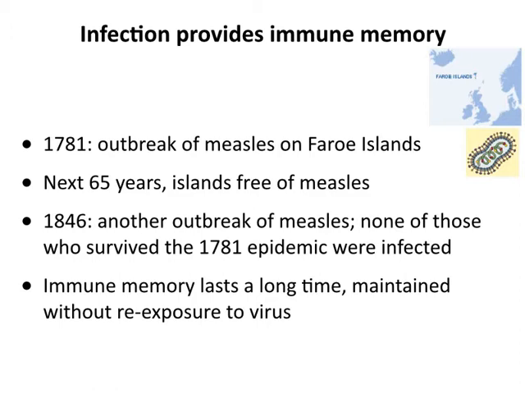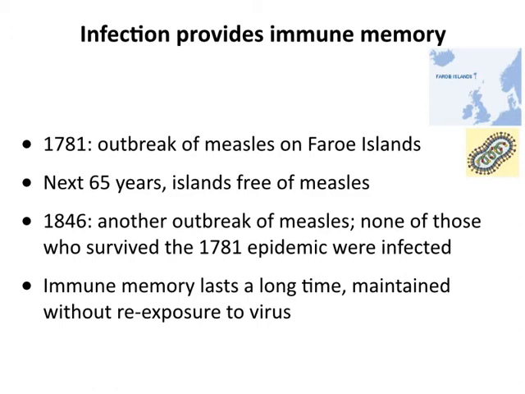This was an experiment done by an epidemiologist. He studied some outbreaks of measles on these remote islands to the north of the UK called the Faroe Islands. There was an outbreak of measles in 1781. Now, there wasn't any travel to these islands back then. It was only when a boat came did people arrive from elsewhere, so measles was introduced when boats came to this island. This island was free of measles for the next 65 years after this outbreak.